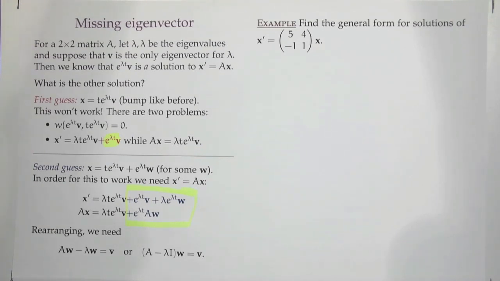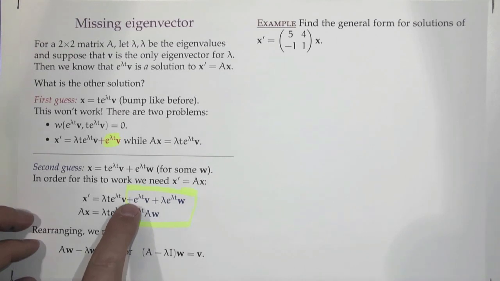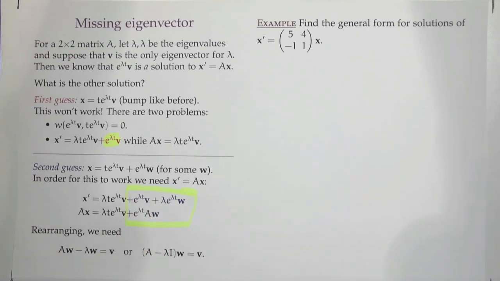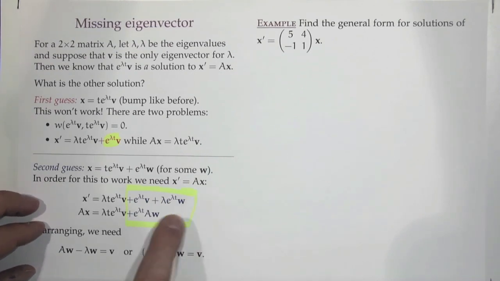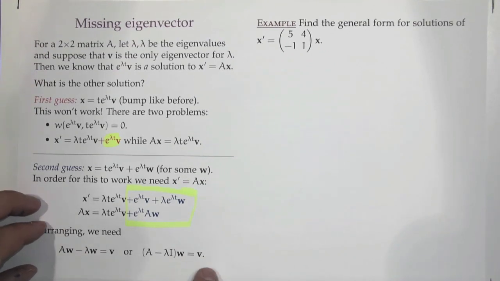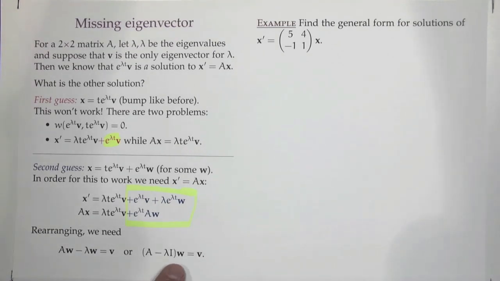So that tells us that AW minus lambda W has to equal V. You might say, wait, what happened to all the e to the lambda t's? You divide out and they're gone. So if you set these two expressions equal and divide out by e to the lambda t, you come to the conclusion that AW minus lambda W equals V, or (A minus lambda I) W equals V. So we find that W, and that gives us our second guess.